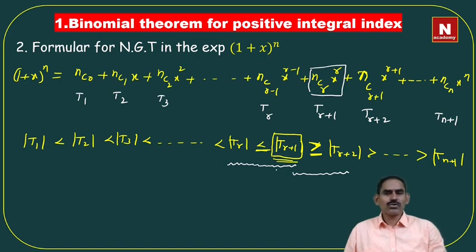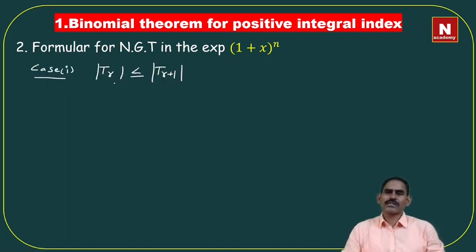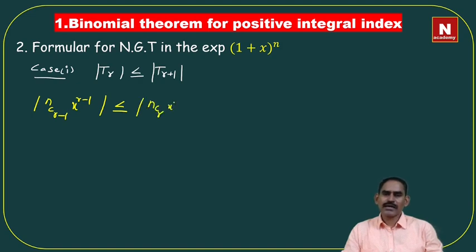So here we have two cases. Case 1: modulus of Tr is less than or equal to modulus of T(r plus 1). That implies modulus of nC(r minus 1) x^(r minus 1) is less than or equal to modulus of nCr x^r.